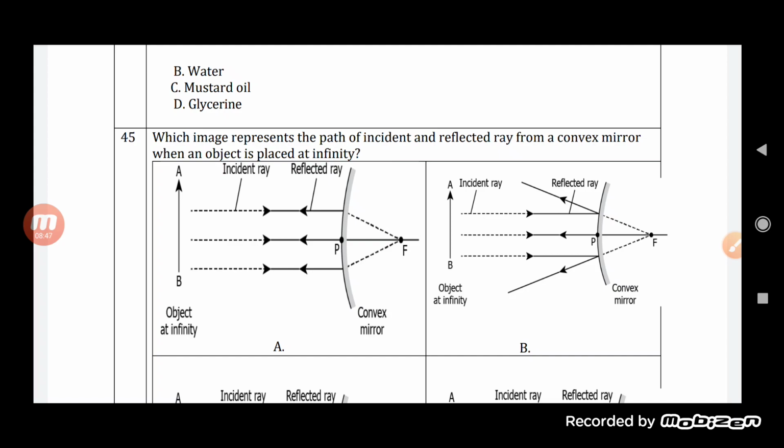In the second one, when rays of light fall parallel to each other on the surface of the mirror, they get reflected back and diverge in different directions, which stretch back and seem like a virtual image formed behind the mirror.